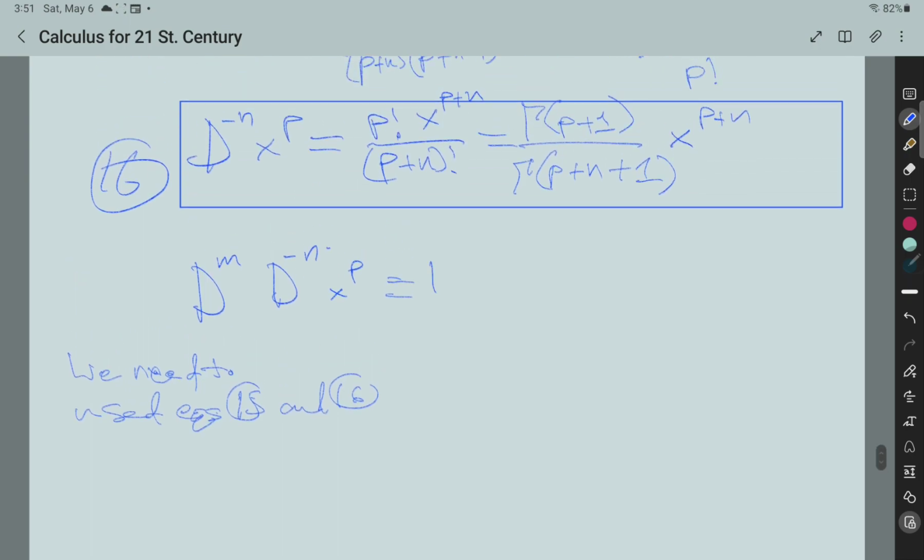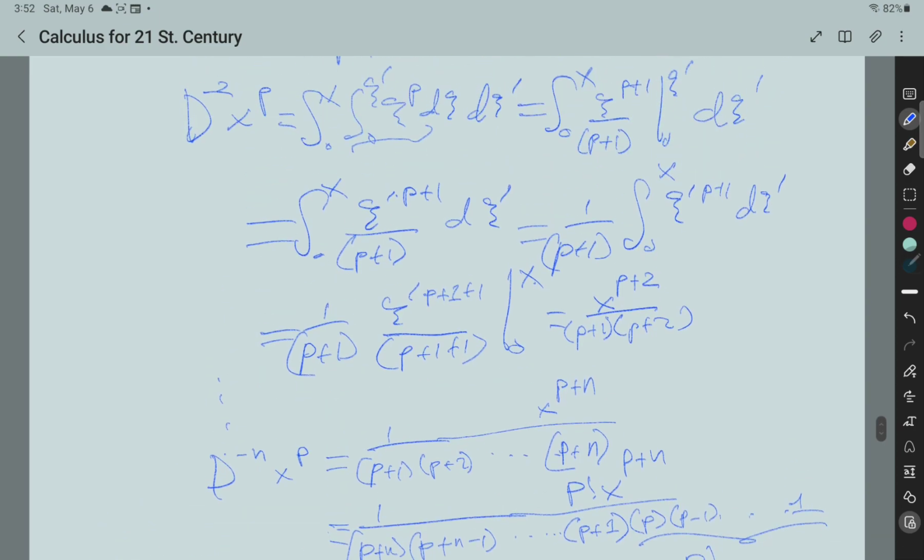All right, so this equation here is d to the minus n of x^p, which is going to be gamma of p plus 1 x to the p plus n divided by gamma of p plus n plus 1. Okay, so this part right there is from equation 16. Now d^m on this whole thing here, we're going to use the other equation, 15.